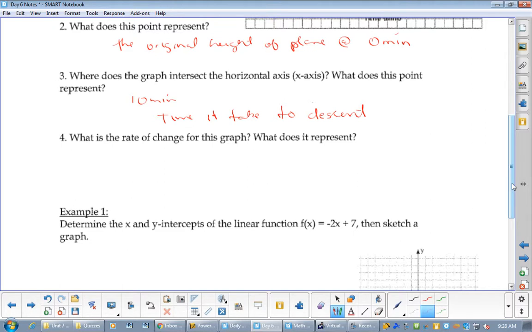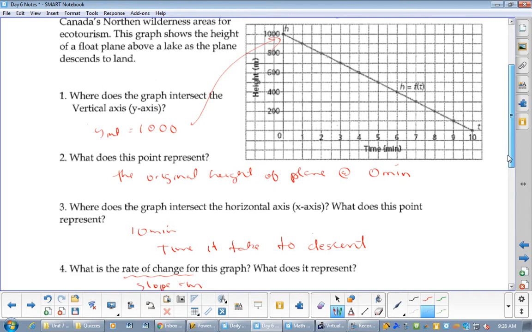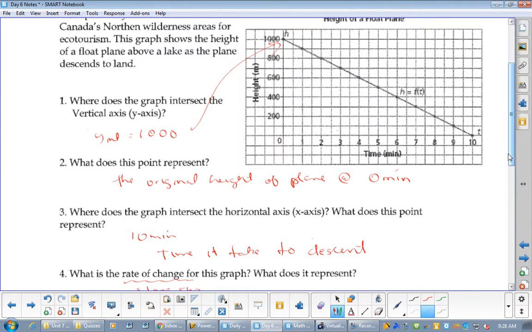It's done. Okay. What is the rate of change for the graph? AKA slope. Okay, come on, underline that, right? Slope. Okay, now the cool thing about slope is it doesn't matter where you draw your triangle.